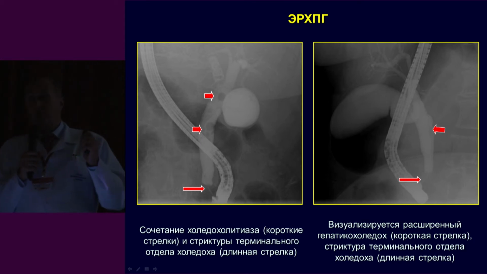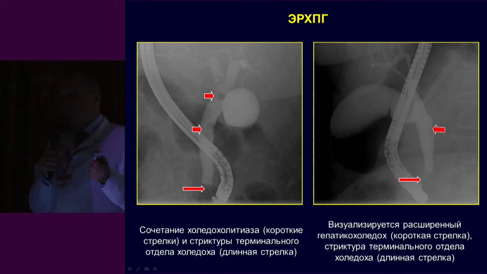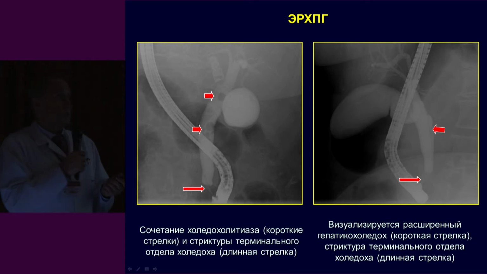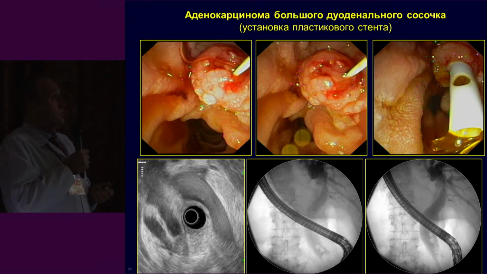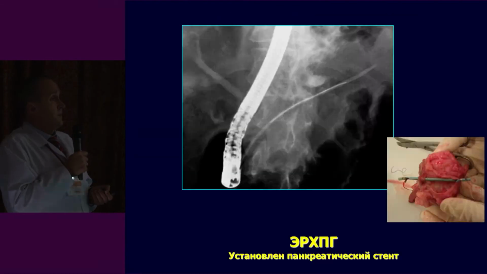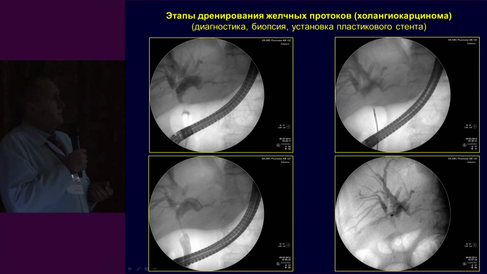And we have brilliant approaches when there is ERCP next door to MRI, for instance, and you can see how beautifully it is done. You can see the cholangiopancreatography here, or just the dilation of hepatic cholangiopancreatography.